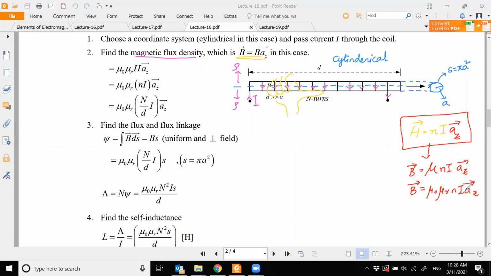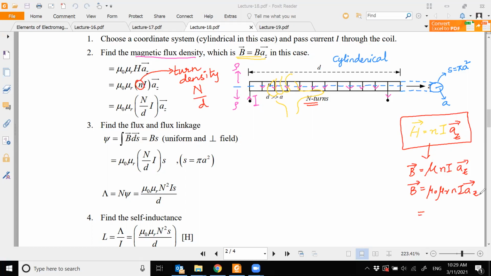And what is small n? Can anybody recall what is small n? Small n is called the turn density, which is how many turns it has, N turns, over the length of my solenoid, D. So it is the number of turns divided by the length.